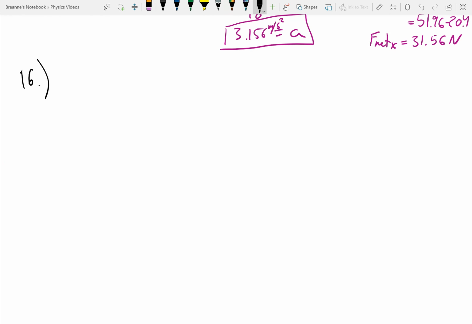16, two students are sitting 1 meter apart. One student has a mass of 60 kilograms. The other has a mass of 95 kilograms. What is the gravitational force between them? Anytime you have two objects and you're trying to find the gravitational force between them, you're going to use Newton's universal gravitational law equation.